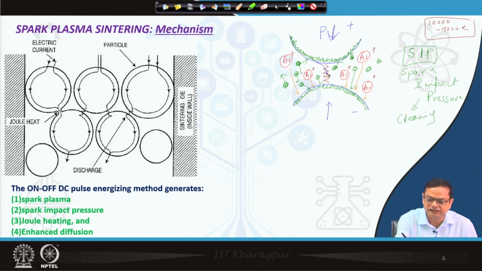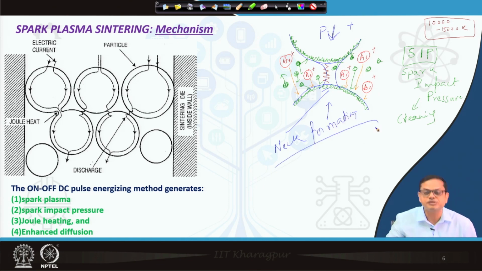Because of that, there will be very efficient neck formation, which is the first stage of any sintering process. Okay. So, all these things would be taking place in very less time. And because of this neck formation, because of this loading and everything, there will be instantaneous sintering of the powder particles in very less time.